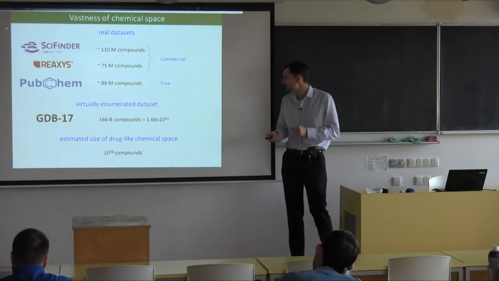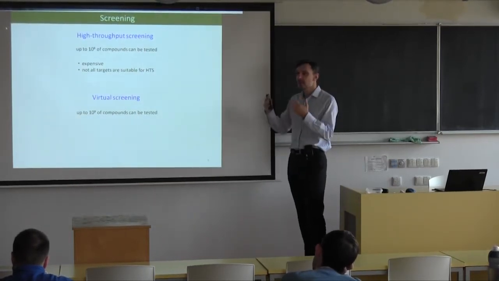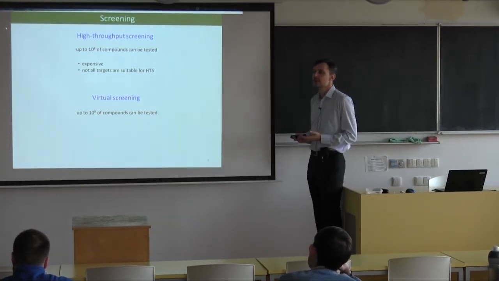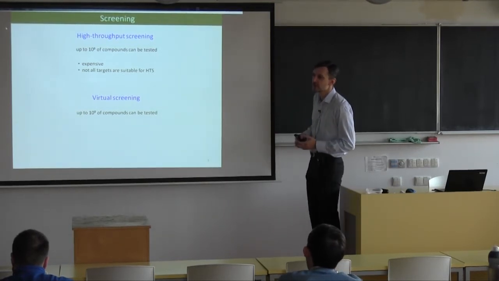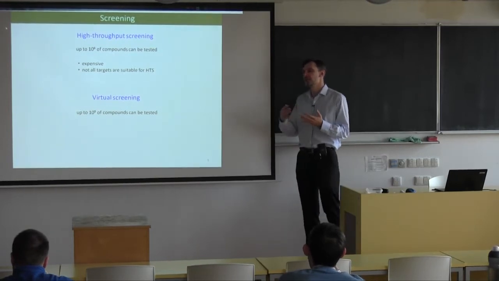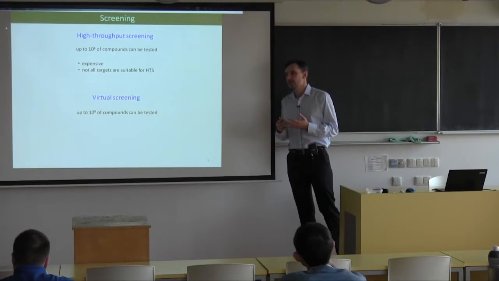So that's the game. What can we do in this case? We can apply experimental screening with high throughput facilities. It is quite nice. In our institute, you will see this robotic system. It can process up to 1 million compounds in a reasonable amount of time. But it is quite costly.